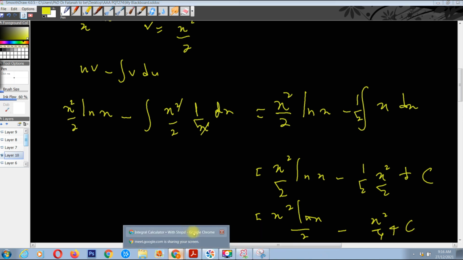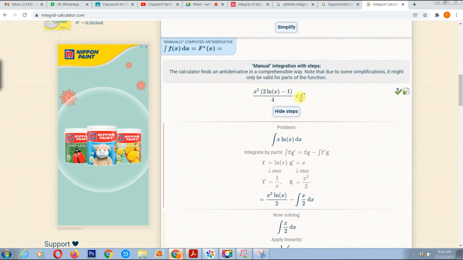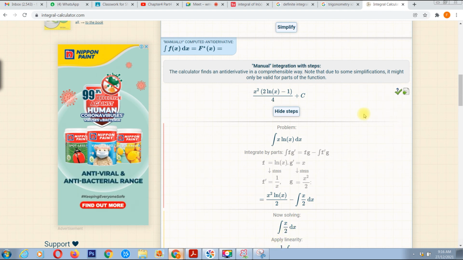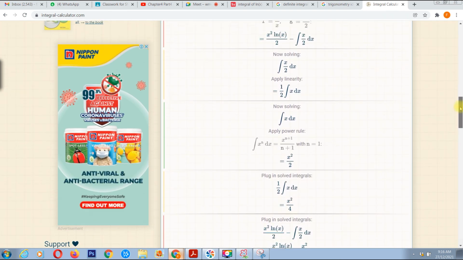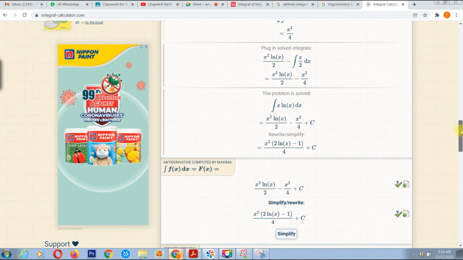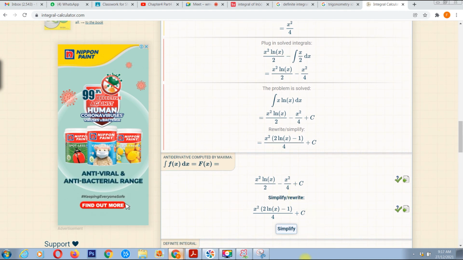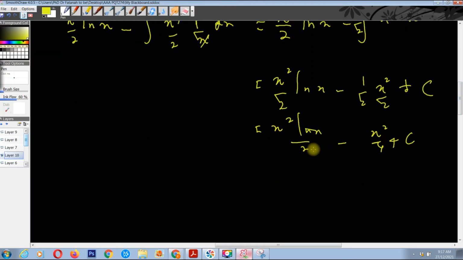If you go to the calculator, they combine the x square, that's why here you get 2. Here they put 4, so just combine everything, and then they factor out x square.